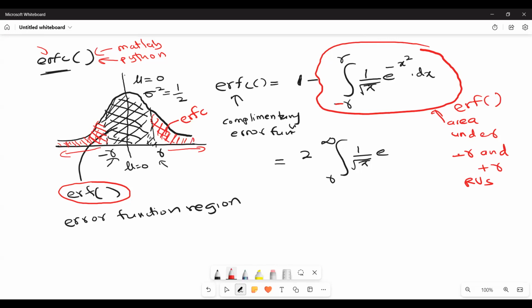And that ERFC function can be used for many applications, right? In the real world, if I want to find a situation where I get the outcomes of the experiments above and below these gamma values, right? If I want to find the situation where the probability of this outcome happening is above this value, gamma, right?